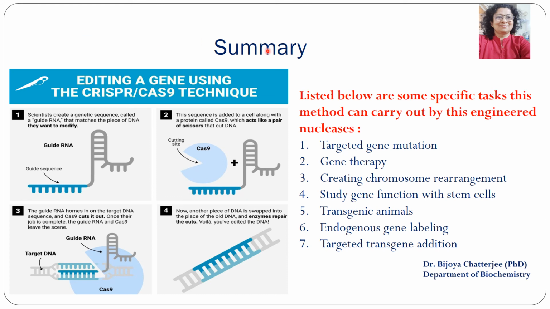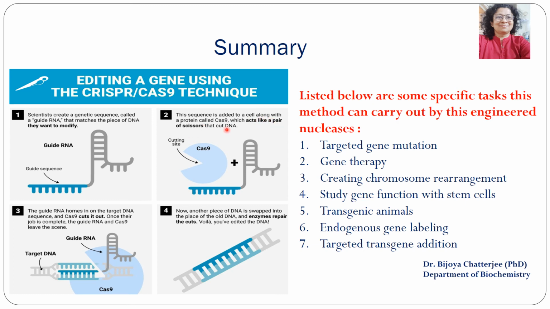So in summary, the editing by CRISPR-Cas9 technique involves a guide RNA. Now this guide RNA matches up with the piece of DNA that we want to modify. The sequence is added inside the cell along with the protein Cas9, which acts like a pair of scissors.